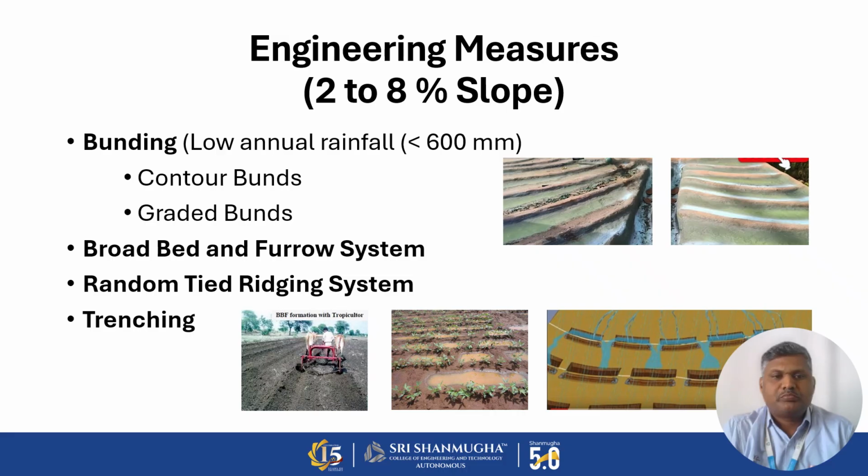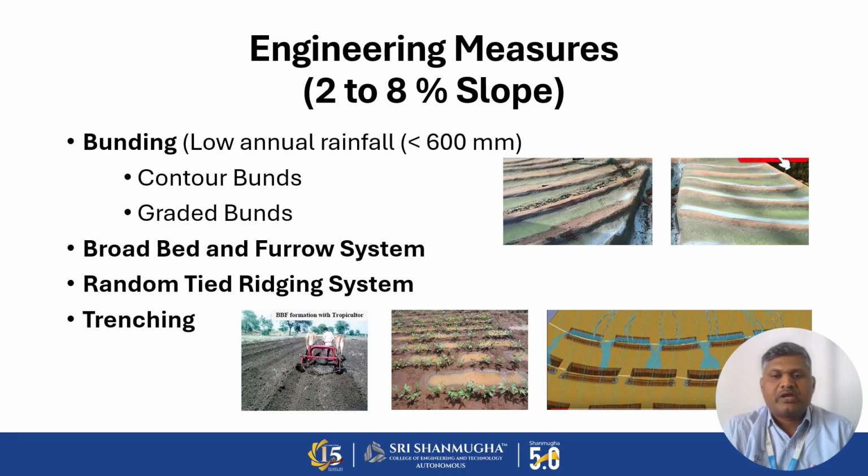Contour bunds are created on the contour line, like contour cultivation. When the cultivation practices are done on the contour, that is simply called contour cultivation. But in contour bunding, we have to create a bund on the contour.